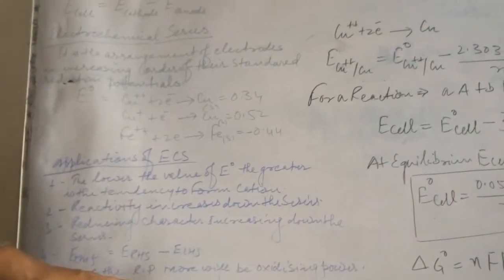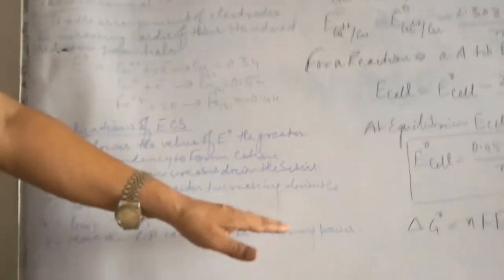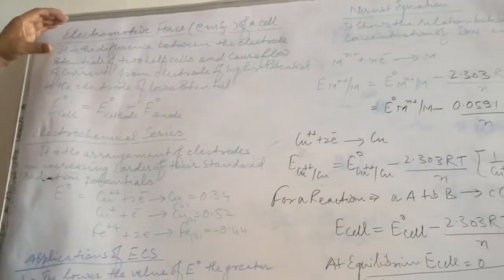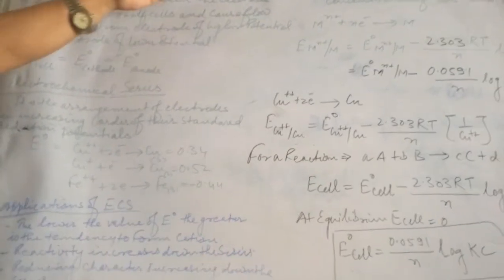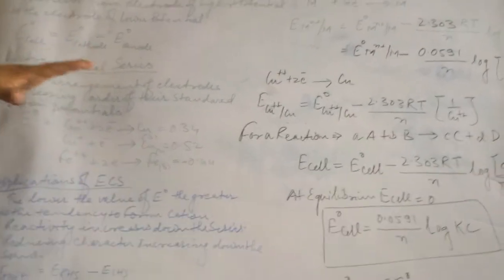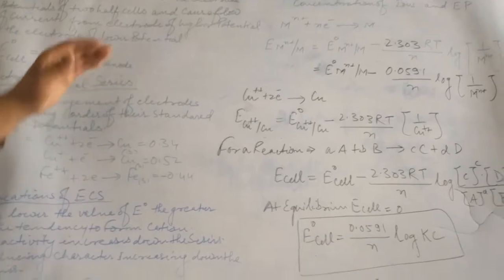The fifth point: the more the reduction potential, the more the oxidizing power. So children, better you go through and revise electromotive force with its definition and discussion, and the electrochemical series and its applications.